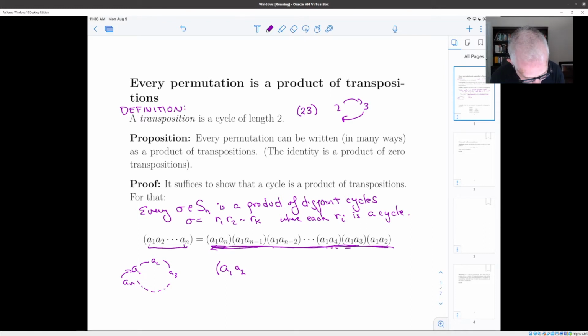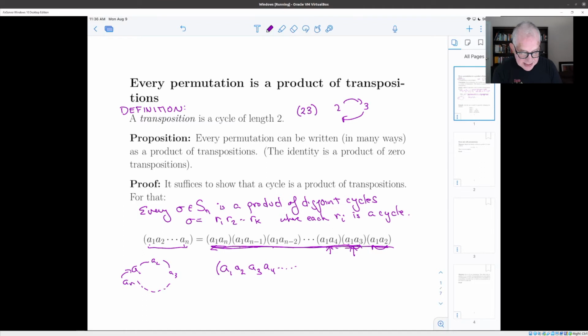Well, A2 goes to A1, and then A1 goes to A3, and once you get to A3, A3 never appears again down this whole earlier list, and so A2 ends up at A3. And now you could take A3. Well, A3 goes to A1 by this transposition, and then A1 goes to A4, and A4 never appears in an earlier list, and so on.